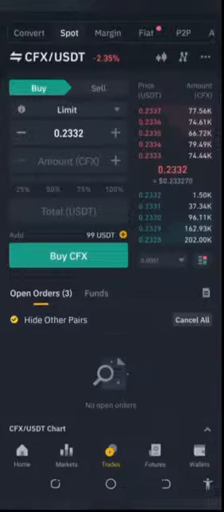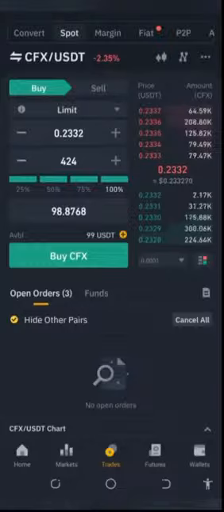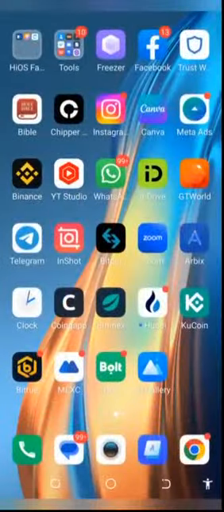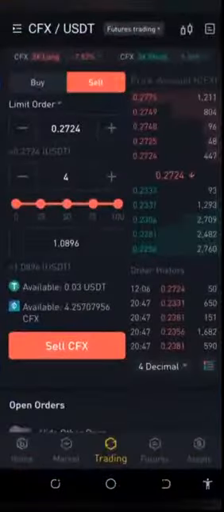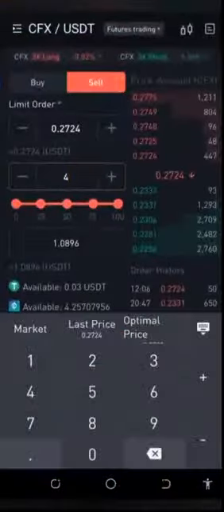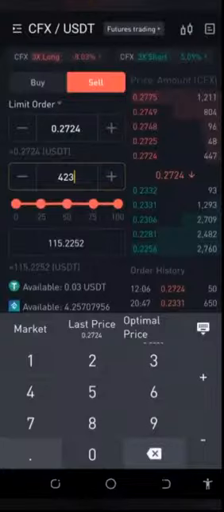So see what we have. 424. So if I send over 424, let's even say it's 423, in the process we lose 1. So let's put 423. So we should actually get $15 profit.